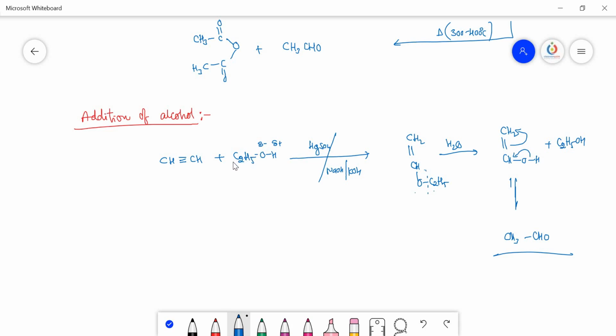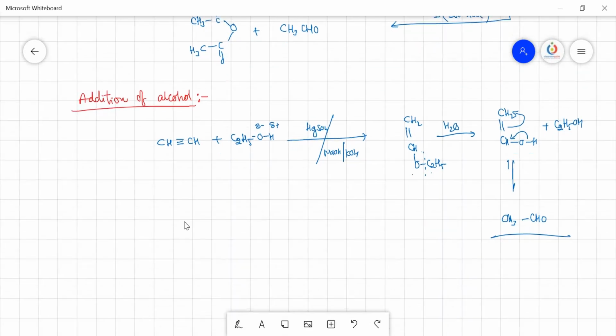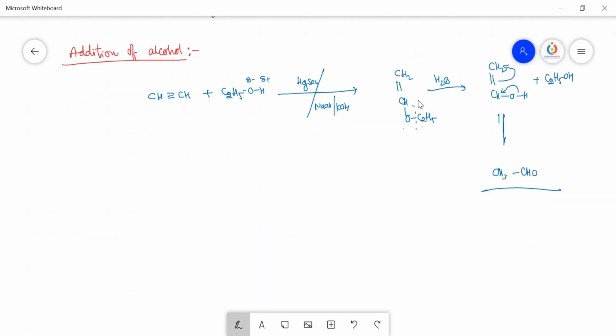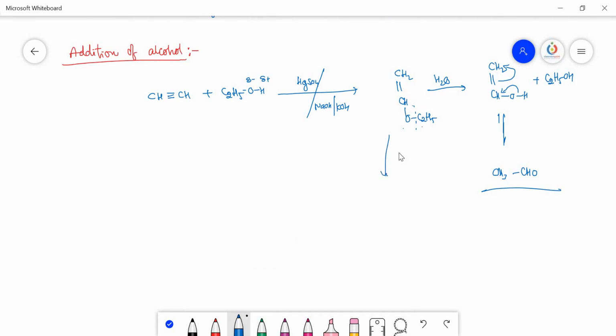Instead of ethyl alcohol, let us take methyl alcohol. Both are the same. You may ask, sir, can't we add one more ethyl alcohol? We can. If you add ethyl alcohol here instead of water, then this will not be the final product.